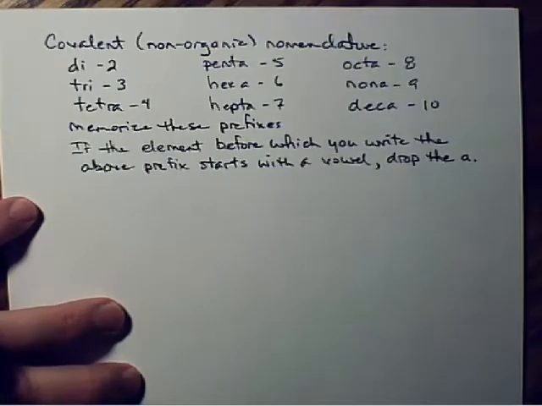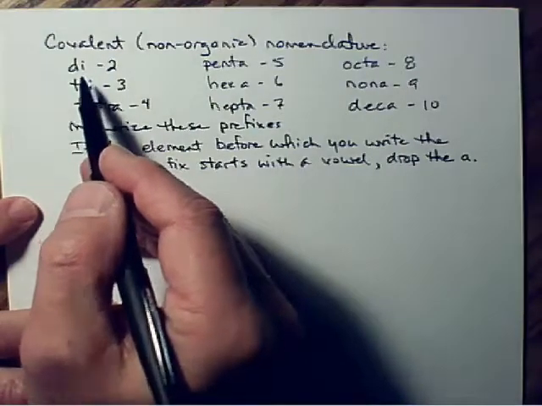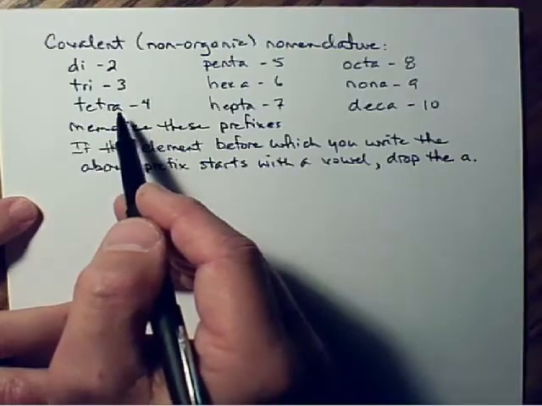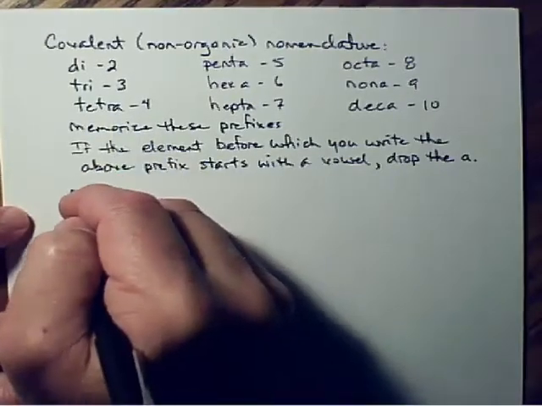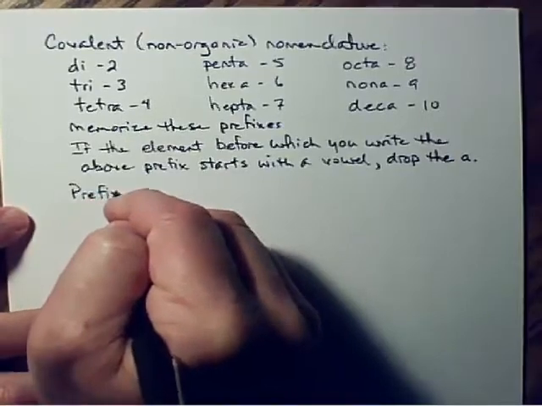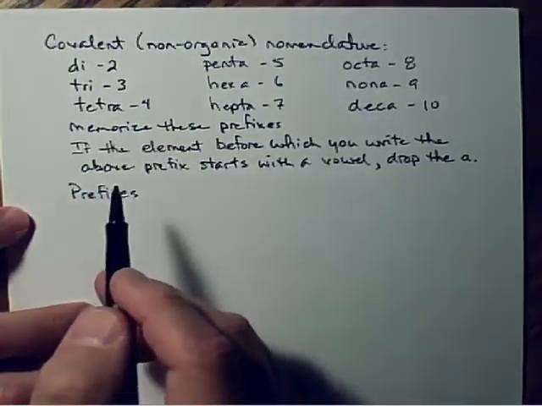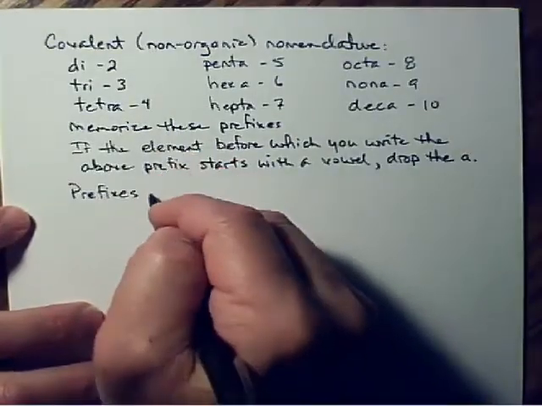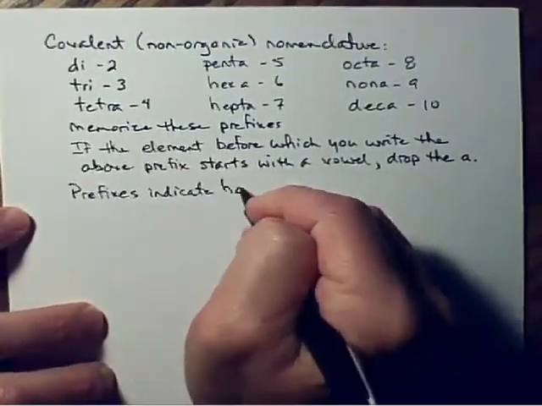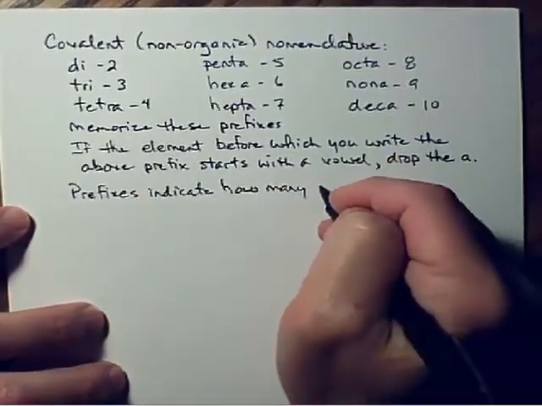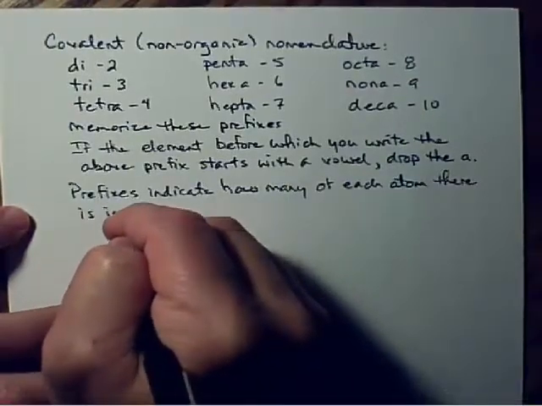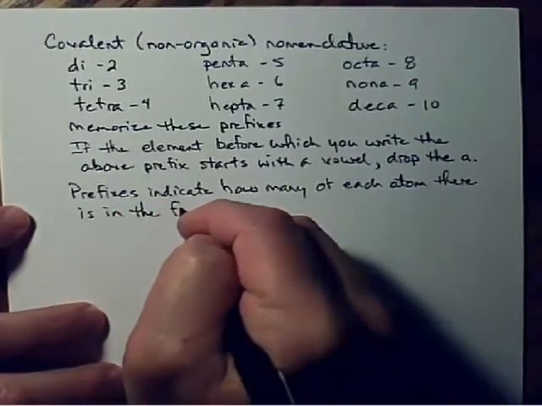So if we have something that's a dioxide, we keep the I, but if it's a tetraoxide, we drop the A. It becomes tetroxide. So these prefixes are only used for covalent compounds. These prefixes indicate how many of each atom there is in the formula.